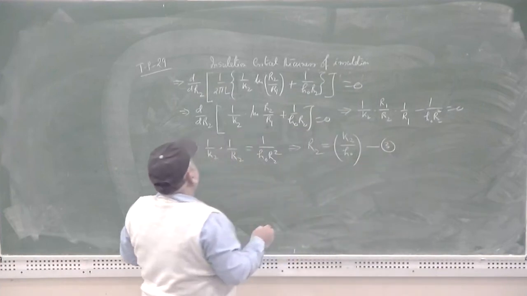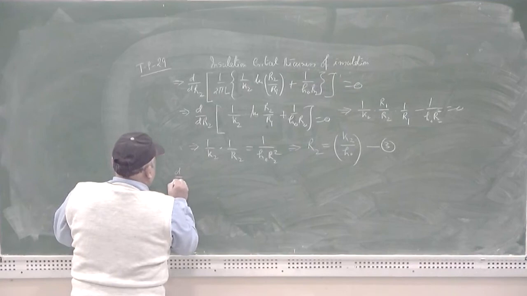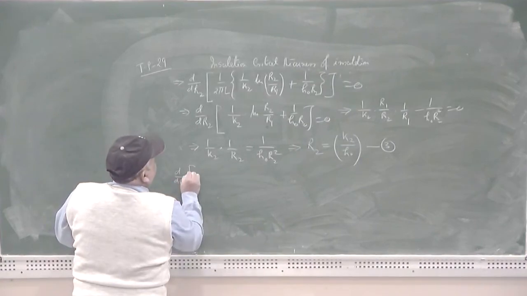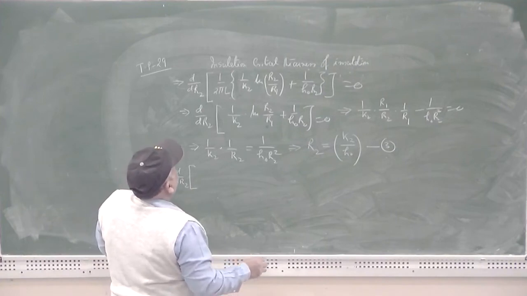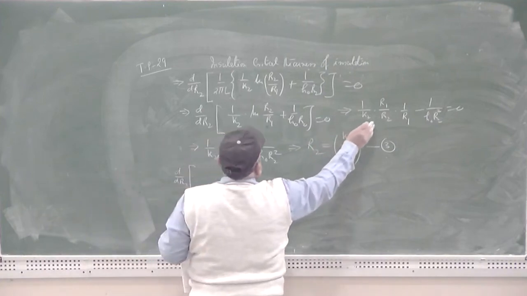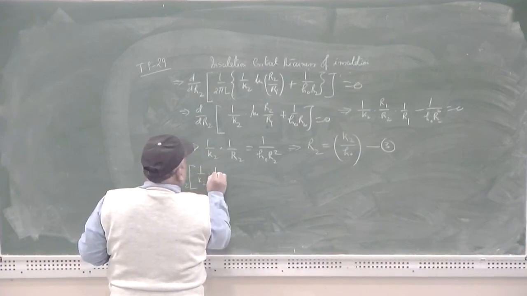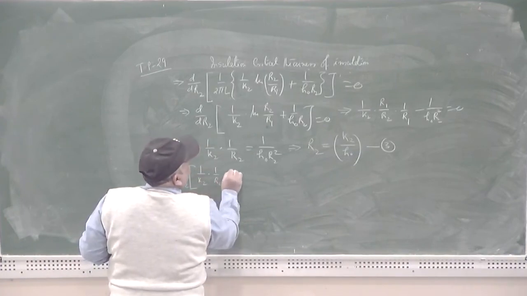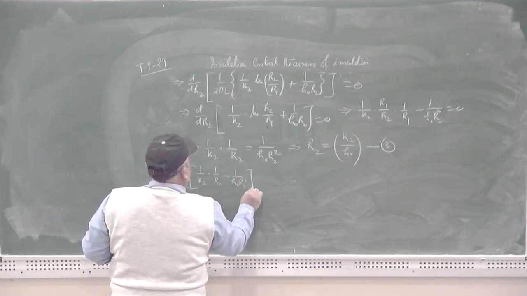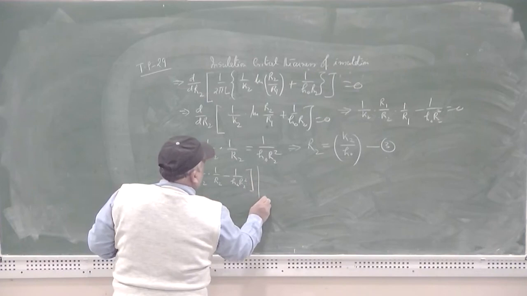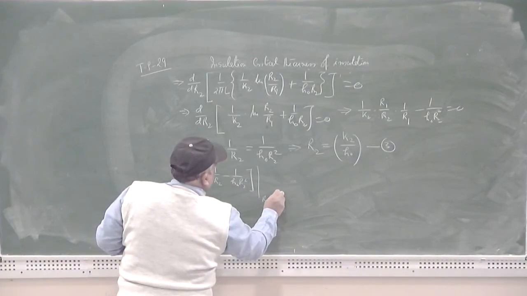Now, taking the second derivative, that means d by dR2 of this quantity, 1 by K2 into 1 upon R2 minus 1 upon h0 R2 square, at the value R2 equal to K2 upon h0. You have to evaluate this.